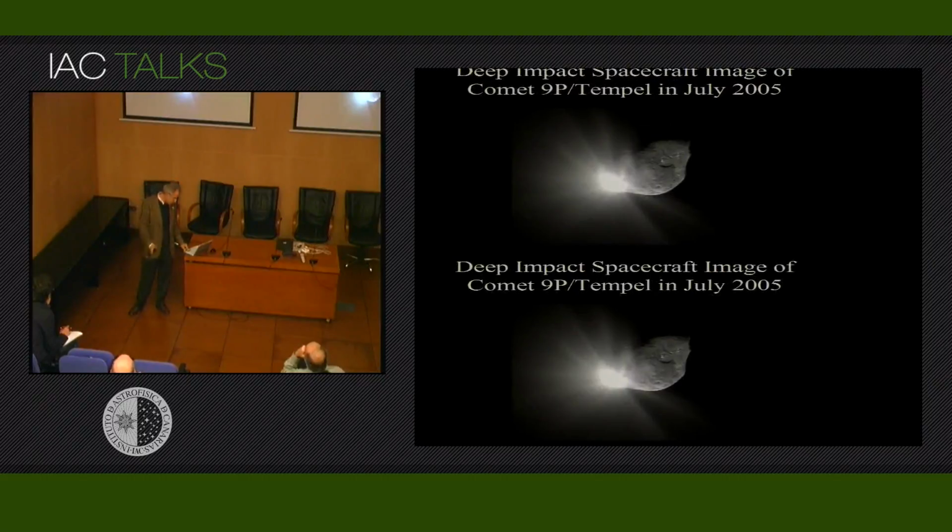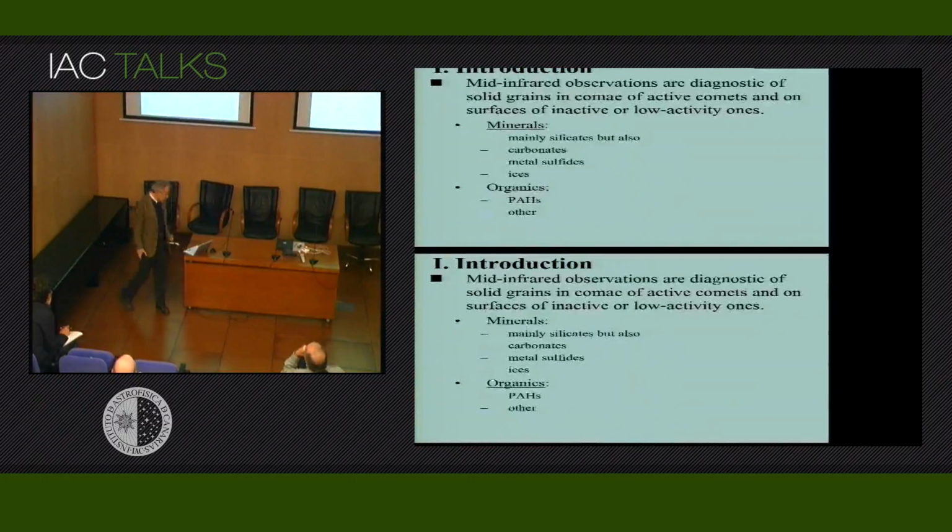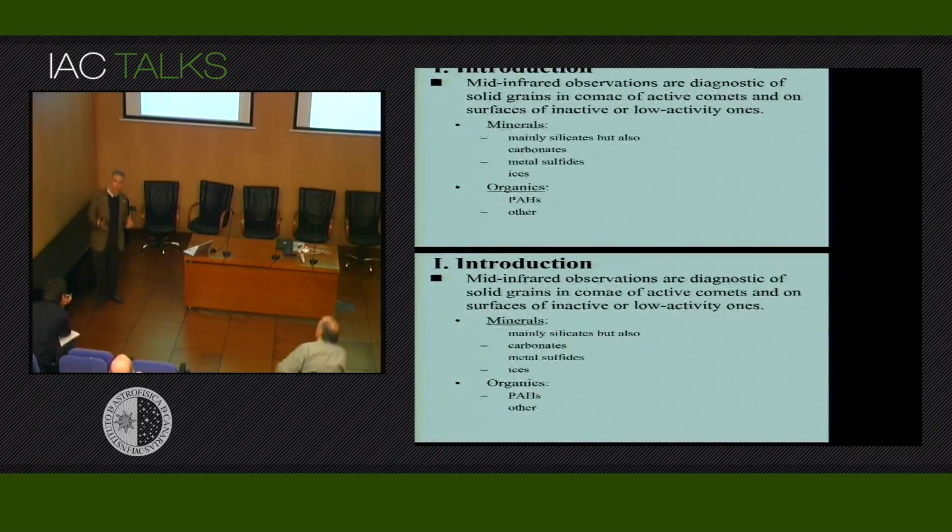We know from mid-infrared observations of comets that they can be very diagnostic of solid grains in the coma of active comets and on the surface of low activity or inactive ones. The surface features from objects that are not active, comets that are not active, and asteroids, are a little bit of a surprise. We didn't expect to see such spectral contrast.